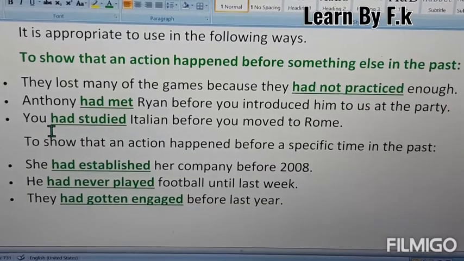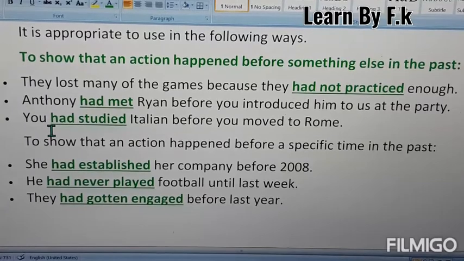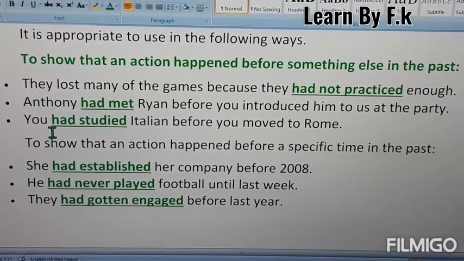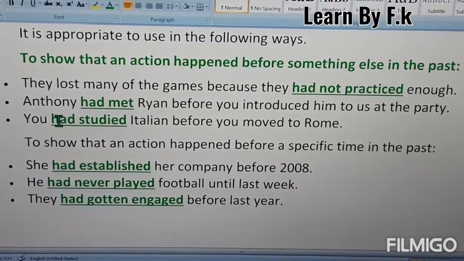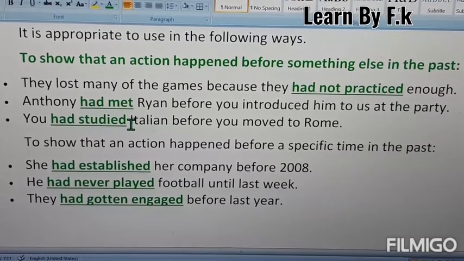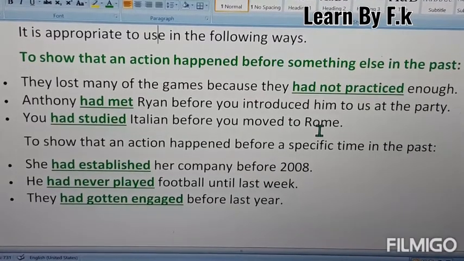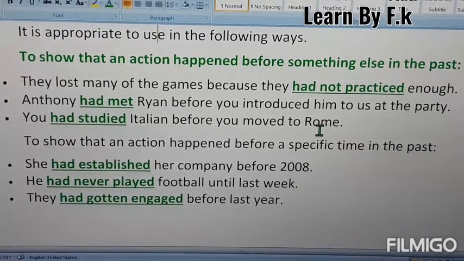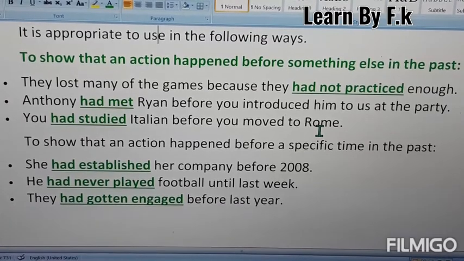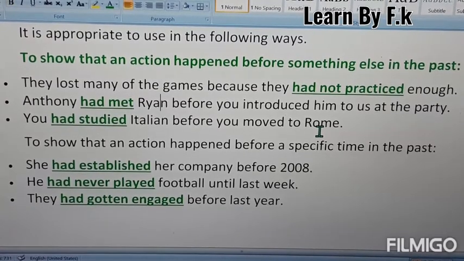You had studied Italian before you moved to Rome. In this, the first older activity is had studied, then you moved to Rome. To show that an action happened before a specific time in the past. This is also a use of past perfect tense.